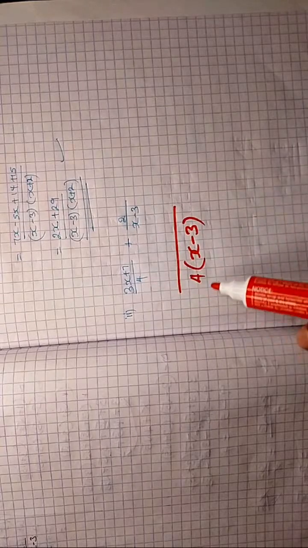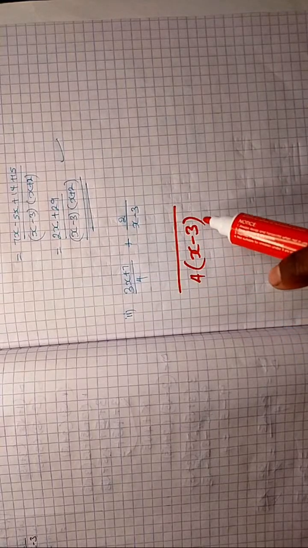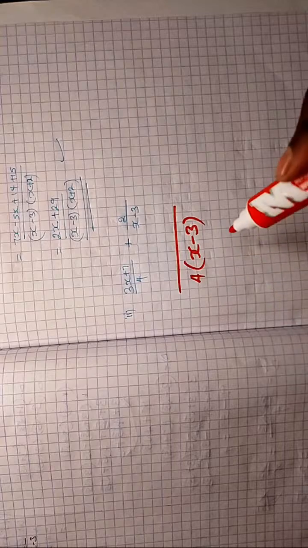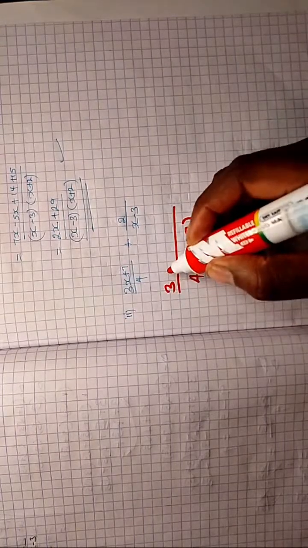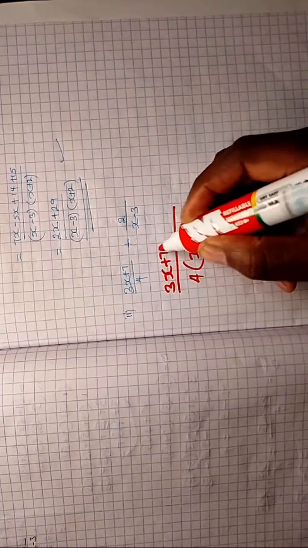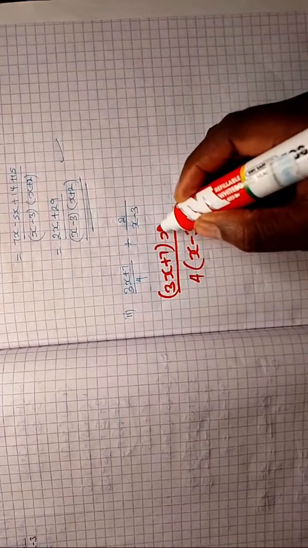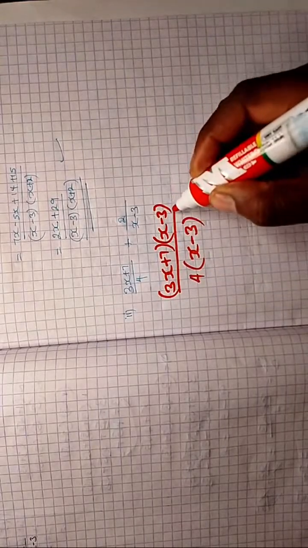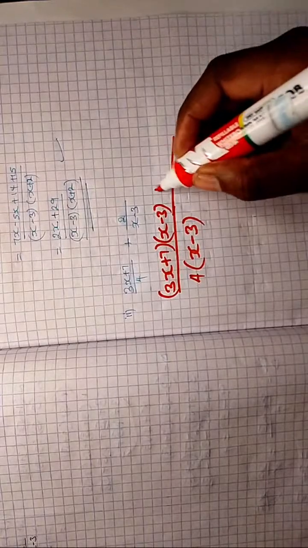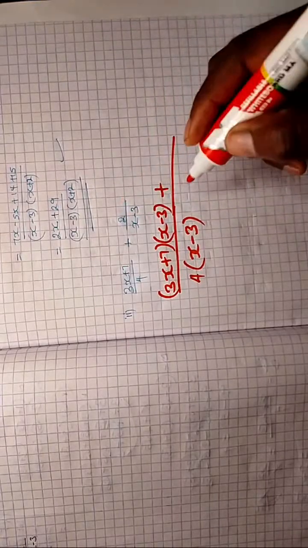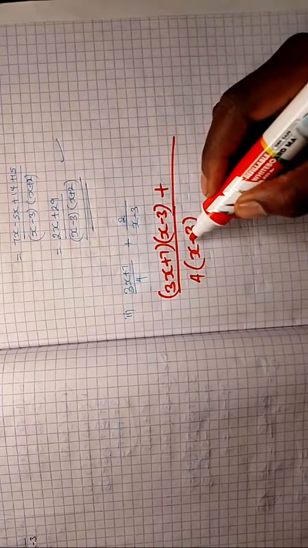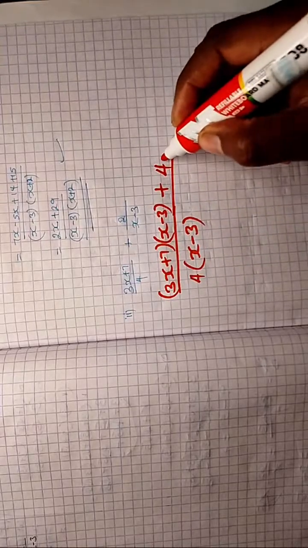Then 4 goes into 4 into x minus 3 how many times? We cancel that one, and we remain with 3x plus 7 times x minus 3. Plus, remember we have another one here, we cancel that one, and we remain with 4 times 2.